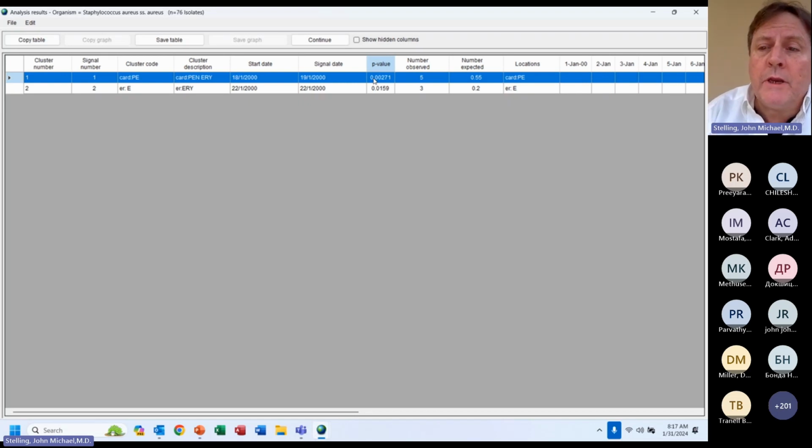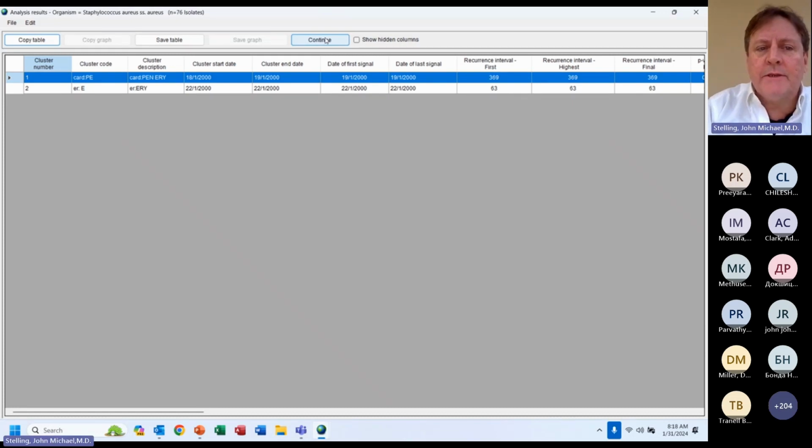Not only are they in cardiology, they have the same resistance pattern, which was resistant to penicillin and erythromycin. So not only do they have the same room, they have the same resistance pattern. So it's highly suggestive that something important is going on. It might be an outbreak, it might be a contamination issue, but this is something that certainly requires further investigation. I will now continue.